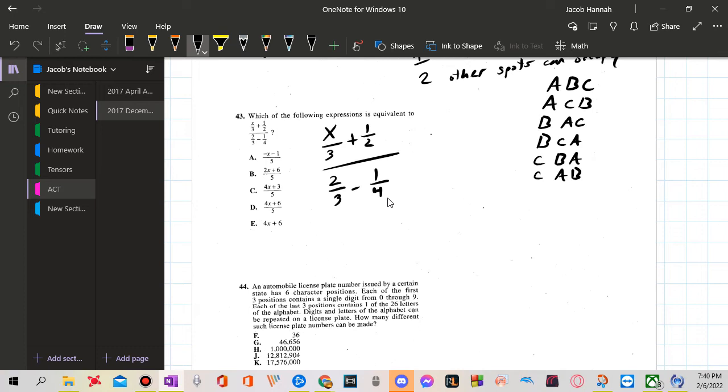So how you combine these fractions is that you multiply the numerator of this by the denominator of this, and then you take the denominator of this one, multiply it by the numerator of this one, and then you multiply each denominator. So this equals, so we're not going to change this up here just yet.